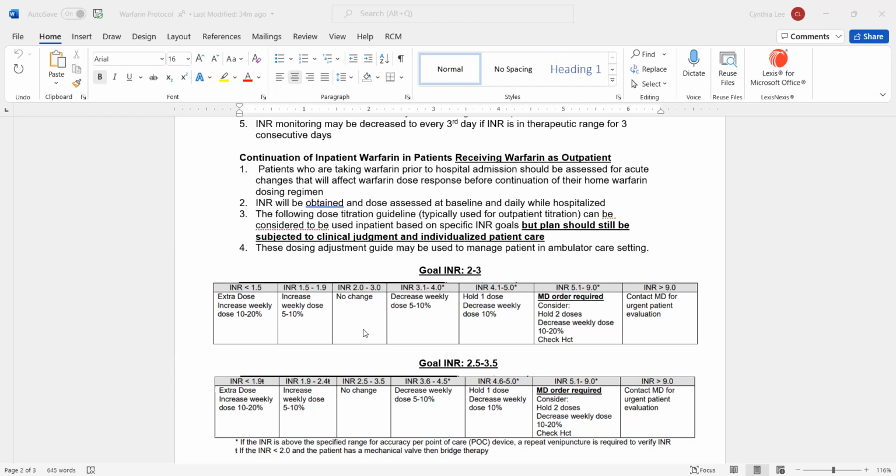You need to know how much they're taking daily, because sometimes it might not be the same dose daily. They might be on, for example, 5 milligrams on Monday, Wednesday, Friday, and the rest of the week they're taking 2.5 or something like that, right? So it needs to be very clear in terms of how they are taking the warfarin at home, what dose daily, and have they been compliant with the warfarin, right?